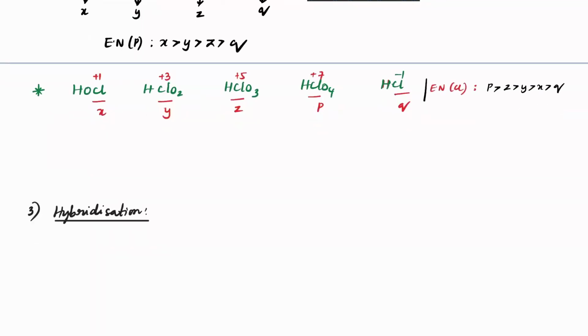Next, if we have CF4, CCl4, CBr4, and CI4, I think just by watching it you should be able to say it now. The electronegativity of the central atom, in this case carbon, will have a variation. CF4 will be greater, and this is the order that is followed.